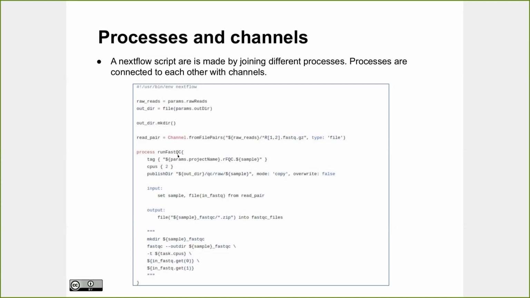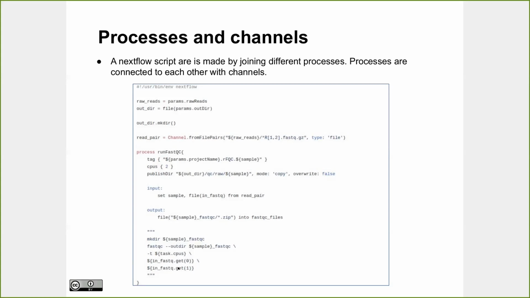Then you've got your process, which is marked by process. In the process, you can specify and label your process, specify the number of CPUs and where the output directory should be. Your input is defined, and here you pull in your channel and push it to a sample ID and file variable.